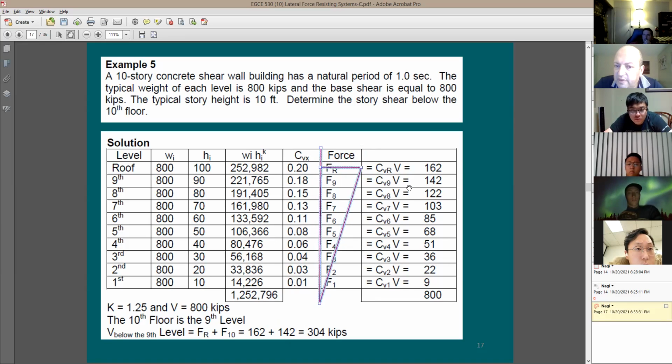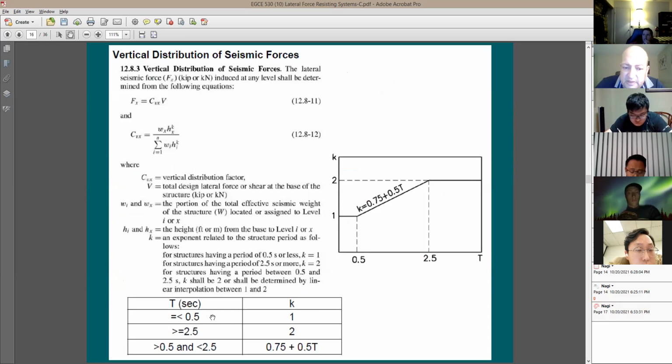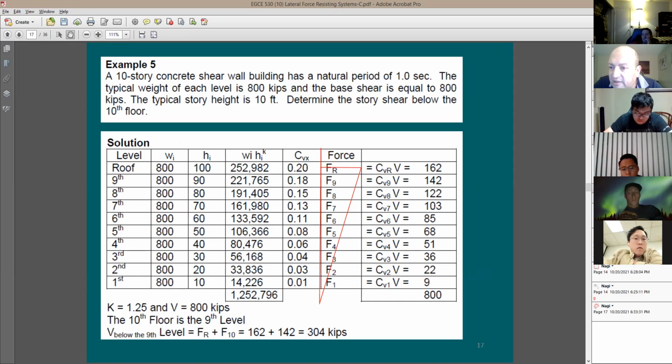If your k is going to be equal to 1, and this k is equal to 1 when the natural period is low, because look at this, when the natural period is less than or equal to half a second, your k is going to be equal to 1. In a case like this, the story forces on each one of these levels are going to follow this distribution.